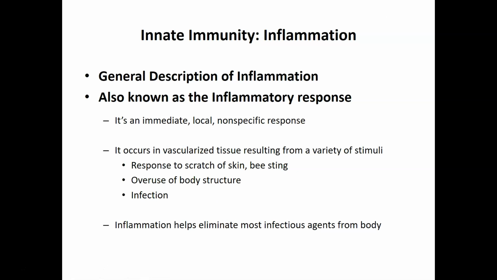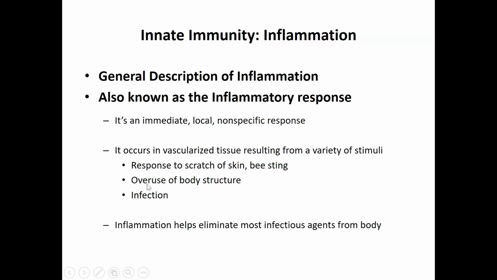For the inflammatory response, also known as inflammation or tissue inflammation, a general description of what goes on. So it is a local response to a number of things. It can be infection or overuse of the body.